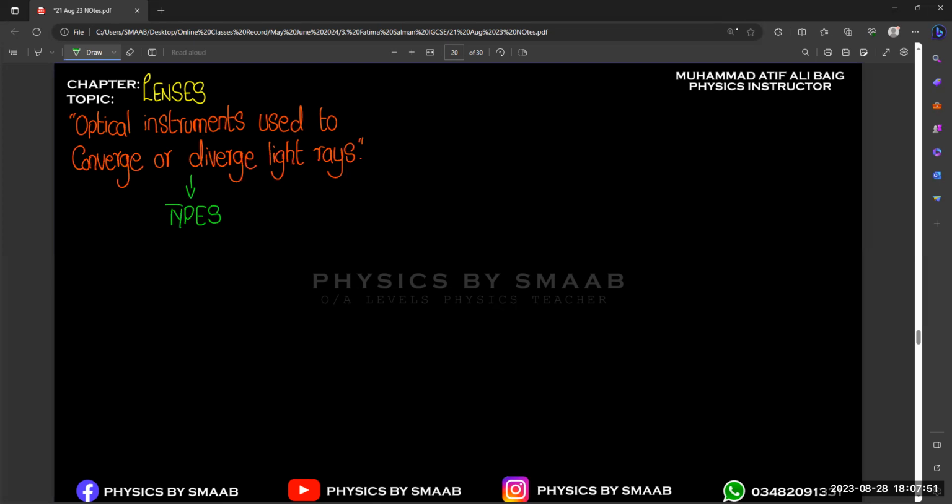If we talk about the types of lenses, there are two types of lenses. First one is concave lens, and the second one is convex lens, right? And if you want to know about their structure, the concave lens will be like this.